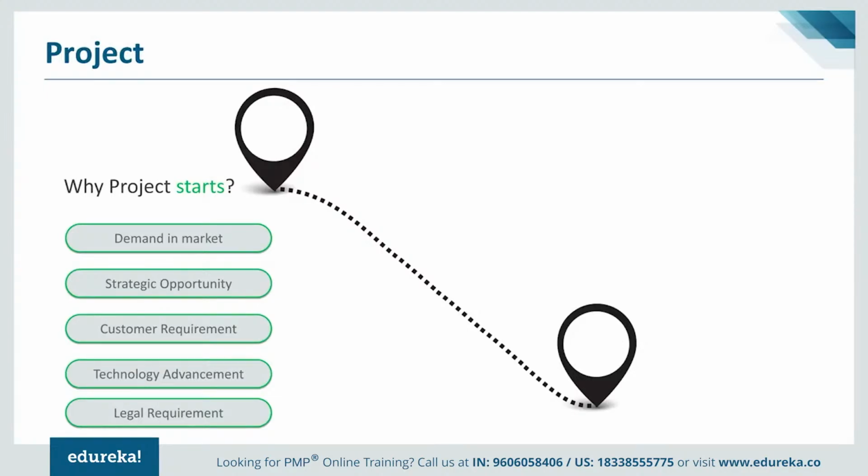I have seen many projects moving on to cloud-based platforms, or projects using analytics, or projects undertaken so that they can move to a new technology which is more intuitive to use. So technology advancement could also be another reason why projects are undertaken.